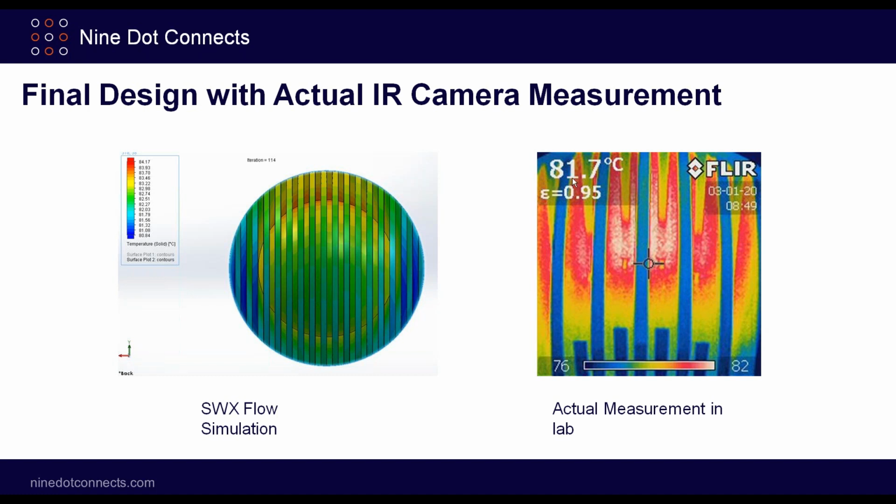But the actual measured temperature of the fin in the lab under the same conditions is 81.7 degrees C, and it had predicted, I believe, 83 on the same fin. It's in this zone right here, so it's showing this color, and so extremely close. So if you set up the problem correctly, you can have very, very high confidence in the tool's results.